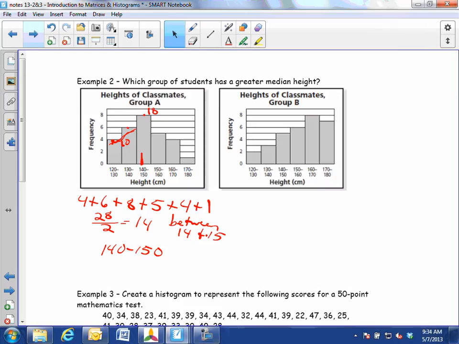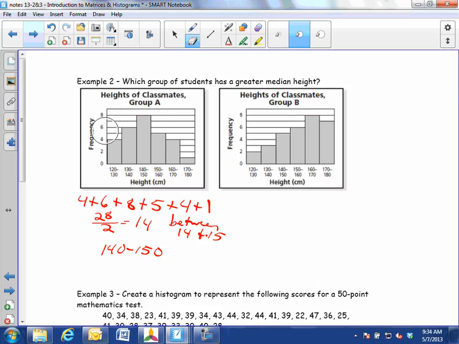I have 4 numbers in this first group, and then I've got 6 in this group, so I've got 10 over here. Then if I add the next one, it's 8. So I get already to 18, but we want between 14 and 15, so it has to be here, because this is only 10, so it has to be the next one.